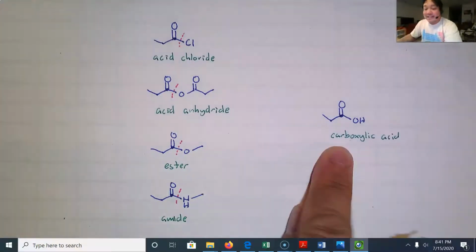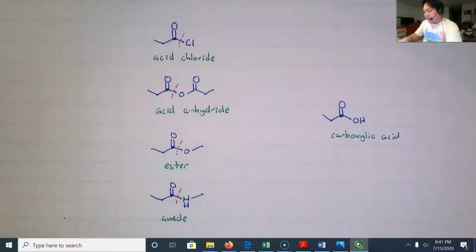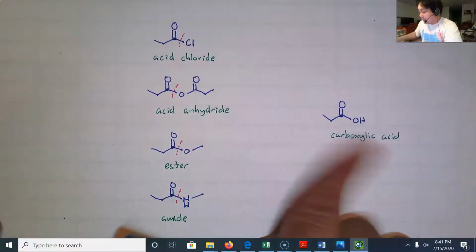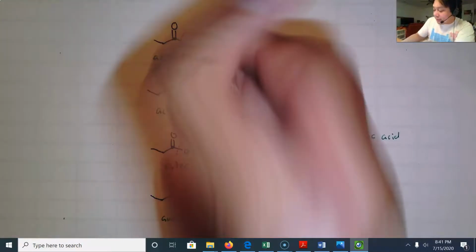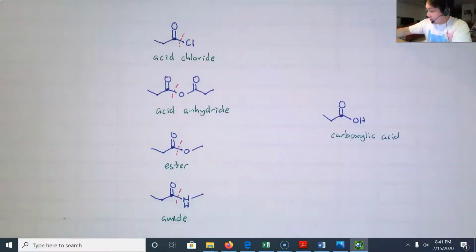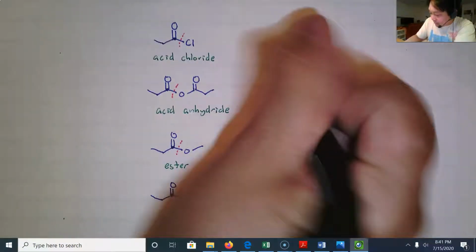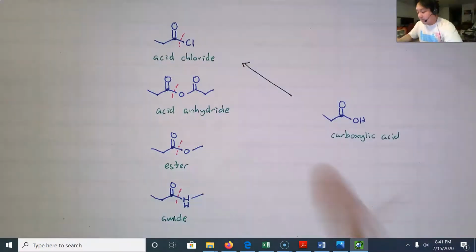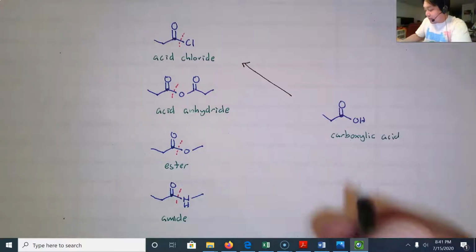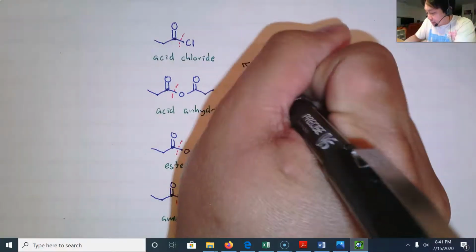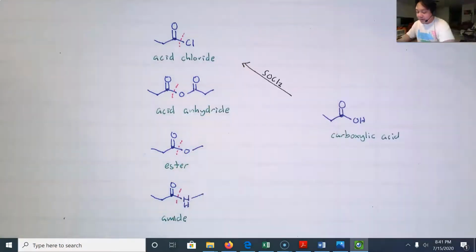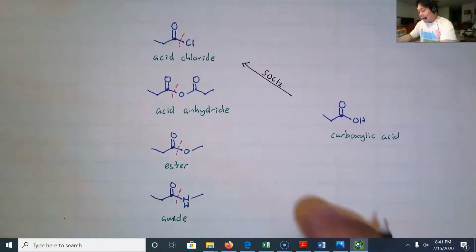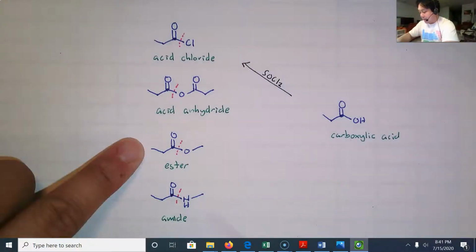This was the ski lift. Because to be able to go back up stream or up the hill, you have to take the ski lift. And then from the ski lift, you know that you can get to the acid chloride. So this is a review reaction, SOCl2. Remember that?